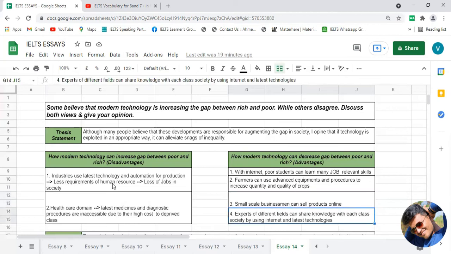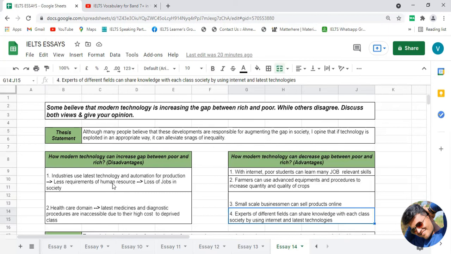And the fourth and most important point, according to me, that would be sharing of knowledge by experts of different fields to poor people or to the segment of society for which sometimes it becomes difficult to reach out. Okay, so in this fourth point I would like to say that experts of different fields can utilize the medium of internet to share their experience, to share their knowledge to each and every individual of different areas.